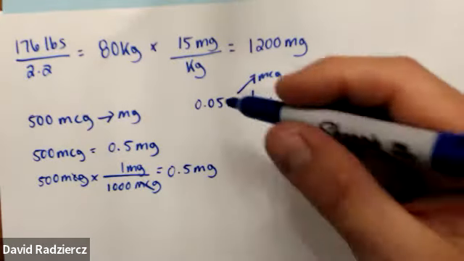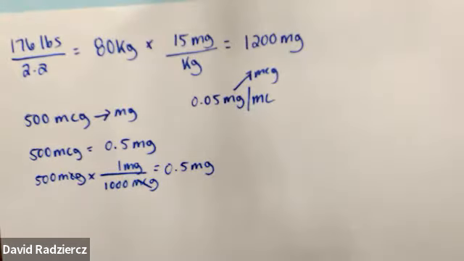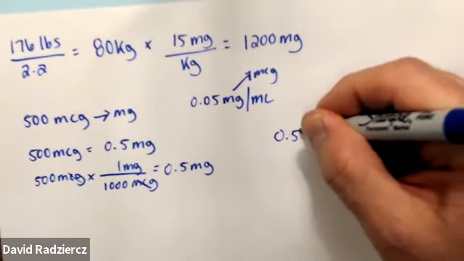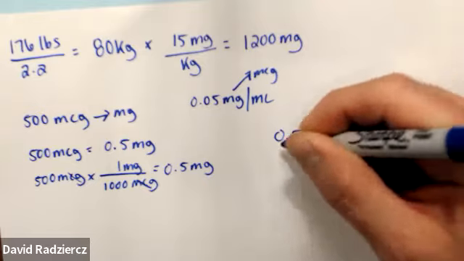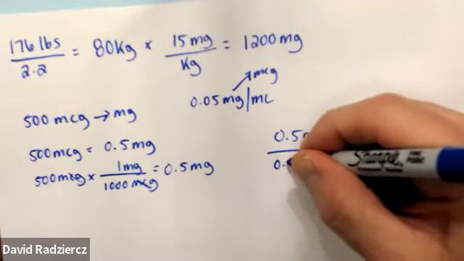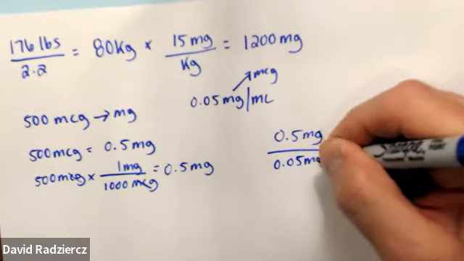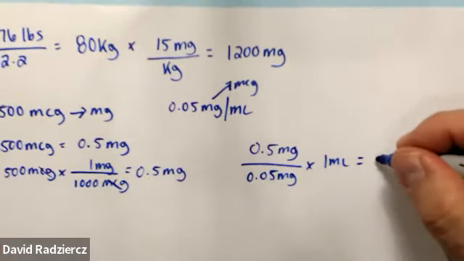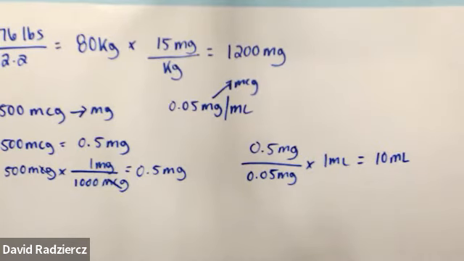That'll help you out remembering which direction to go when you're doing these problems. Once it's in milligrams, now I can compare it to what I have available. If you like to do the ordered over half, the order is 0.5 milligrams. The half is 0.05 milligrams times your quantity. And I think your answer is 10. Let's double check.